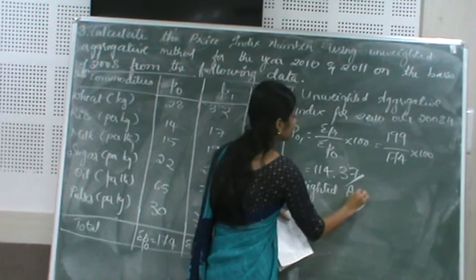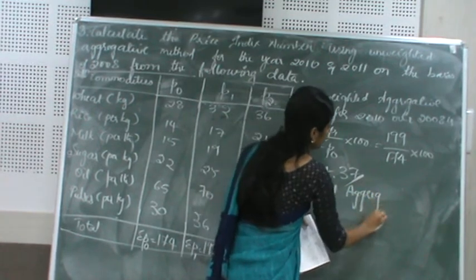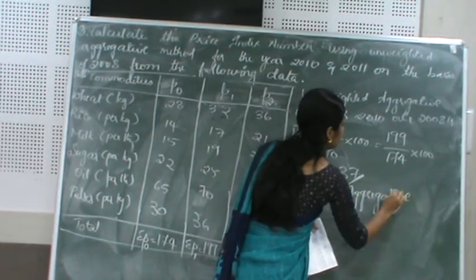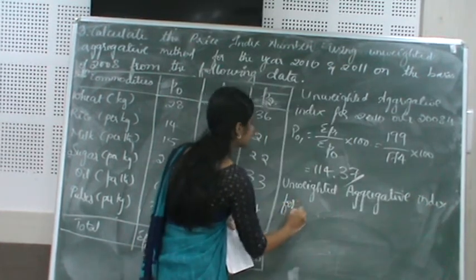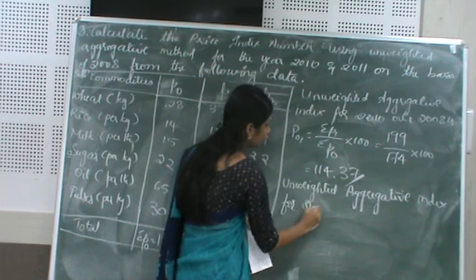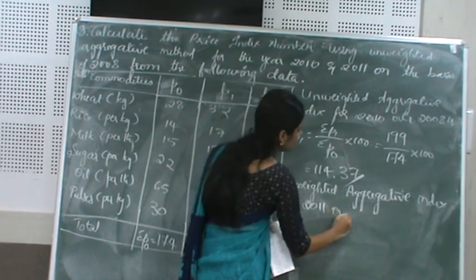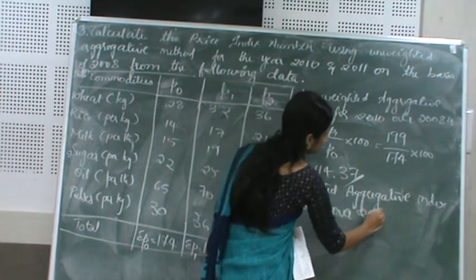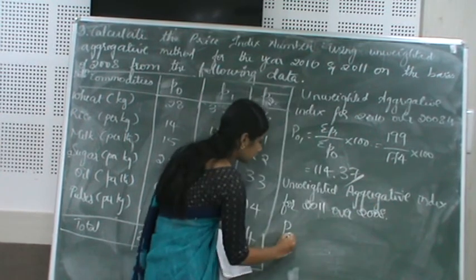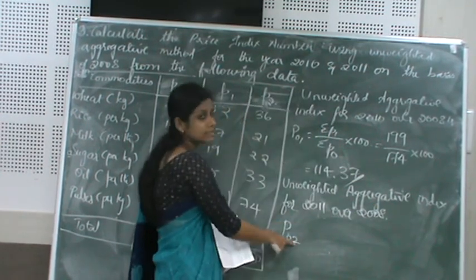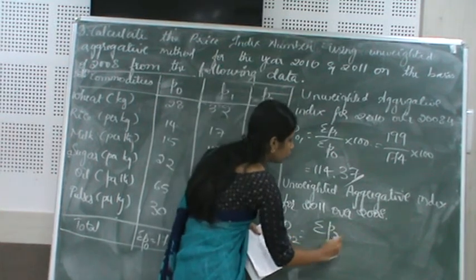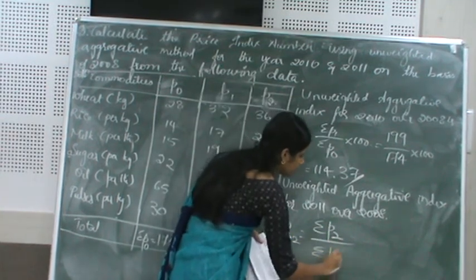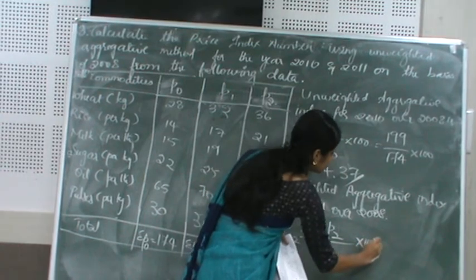Next we are going to calculate the unweighted aggregative index for the next year, 2011, over 2008. Base year is the same. The formula is P02, because it is the second current year. So P02 is equal to summation of P2 divided by summation of P0 into 100.